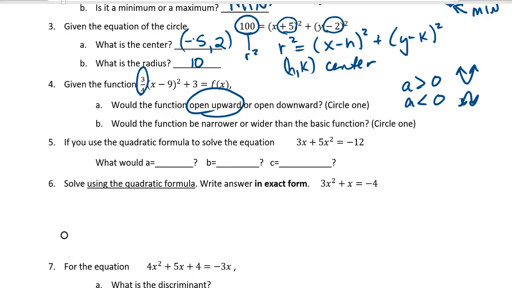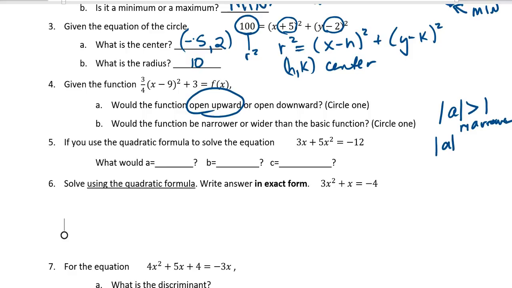Would it be narrower or wider than the basic function? Now, we learned this in the last section, just different words are being used. Okay? We're not looking at the negative or the positive of that a. Instead, we're looking at the number itself. So if a is greater than 1, it's going to be narrower.